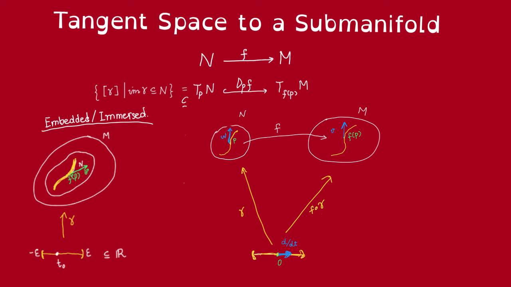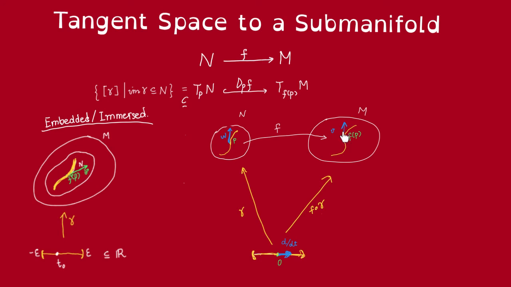And let's take the image of w under d_pf. Let's say that's v prime. By the chain rule, this v prime should be the image of d over dt under this composition, which we assumed to be v. So v is equal to v prime, and thus v is the push forward of this vector w under the differential of f at p. Thus v does indeed come from a tangent vector in N.